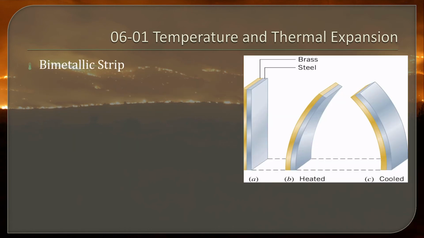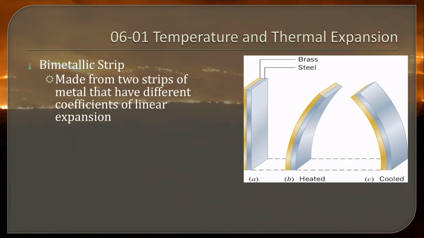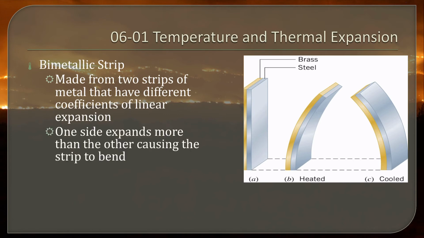Other examples are the bimetallic strip. It's made from 2 strips of metal that have different coefficients of linear expansion. One side expands more than the other side. So here with the brass and steel, when it's heated, the brass expands more. Since it expands more, it has to get longer, and so it bends around the steel.